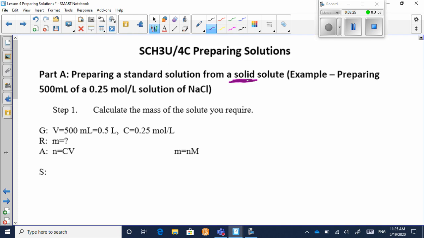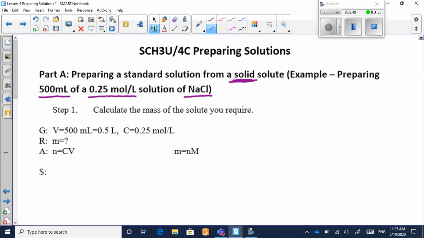Basically in this little example where we write out the steps, we're going to use the example of if you had been asked to prepare 500 milliliters of a 0.25 mole per liter solution, in this case of sodium chloride. Again, I can't emphasize enough that you need to be extremely accurate.